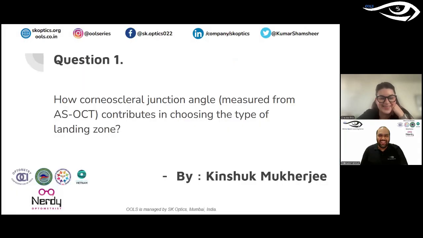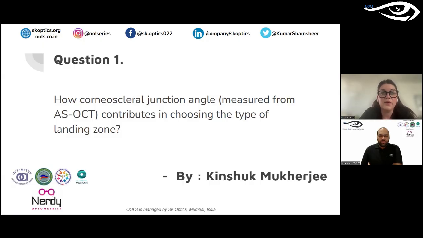Somebody wants to know if you have experience using an OCT to look at the lens. Any thoughts on this? That's a really good question. I went over with my presentation anyway, but there was a hidden slide on the corneoscleral junction and how that contributes.